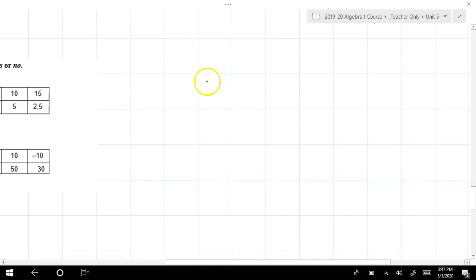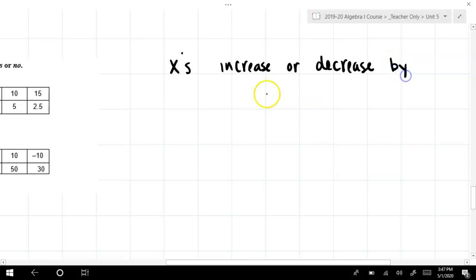Alright, so before we start, let's talk about what will show exponential behavior. Well, the x's, first of all, just need to increase or decrease by a constant amount, by a constant number.